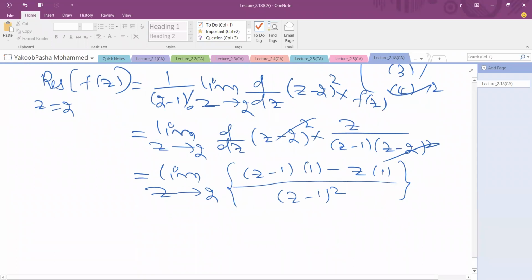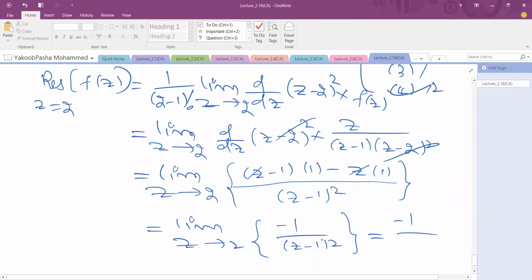So here plus z minus z will be cancelled. Numerator as z tends to 2 is minus 1, denominator is z minus 1 whole square. That is equal to minus 1 divided by 1 square, that is equal to minus 1.